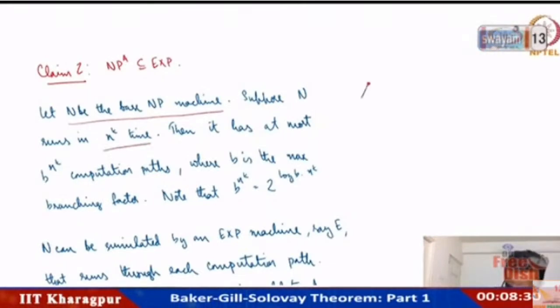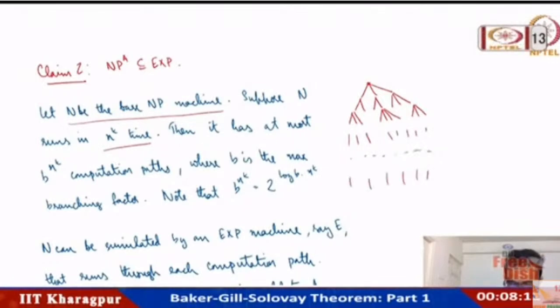Now, as you may recall, when you have a non-deterministic machine, there are several possible computation paths, right? This is how the structure looks. What is the number of computation paths? We do not know, but let B be the branching factor.